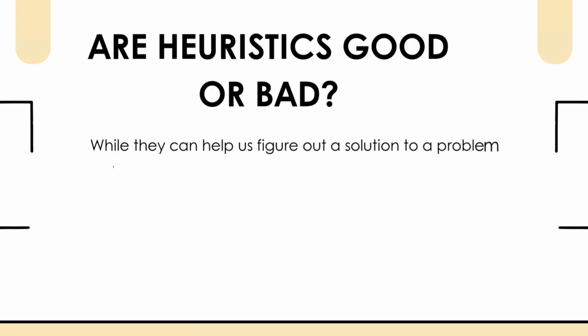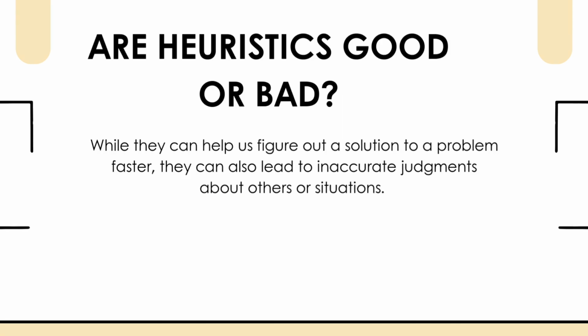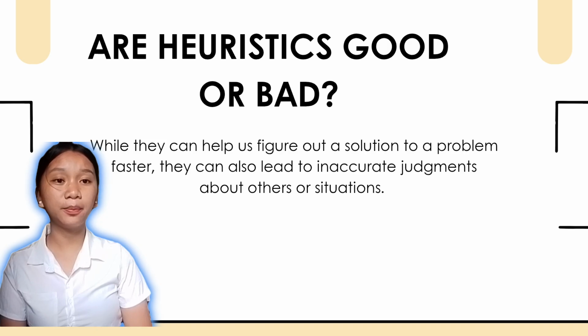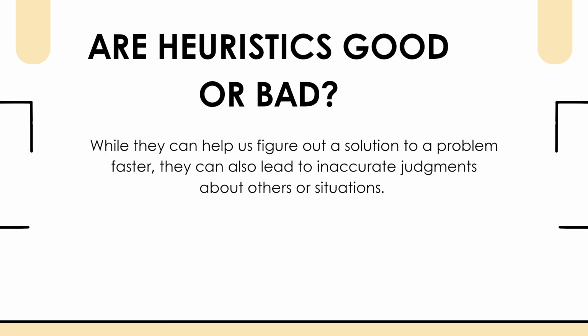While they can help us figure out a solution to a problem faster, they can also lead to inaccurate judgments about others or situations. Heuristics aren't inherently good or bad, but there are pros and cons to using them to make decisions. Understanding these pros and cons may help you better use heuristics to make better decisions.